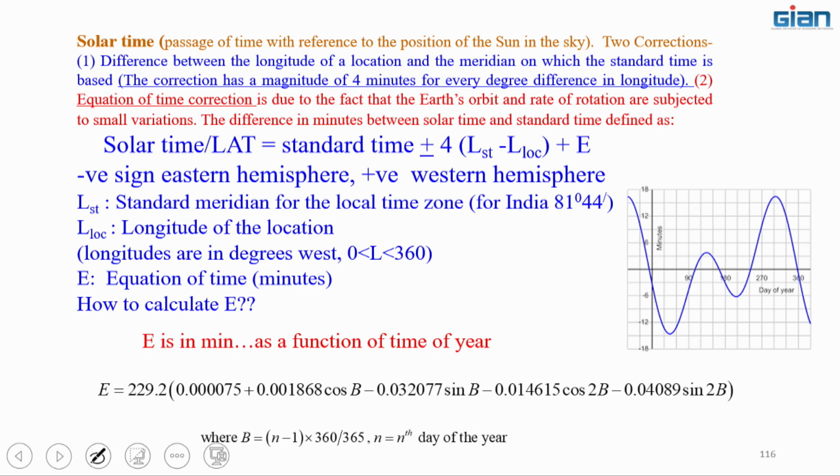While doing the calculations, you must be sure which hemisphere you are working in. If you are in the eastern hemisphere, then it is a negative sign, and if it is the western hemisphere, it is positive. Then a standard formula is there to find this E, and you will get E in minutes.